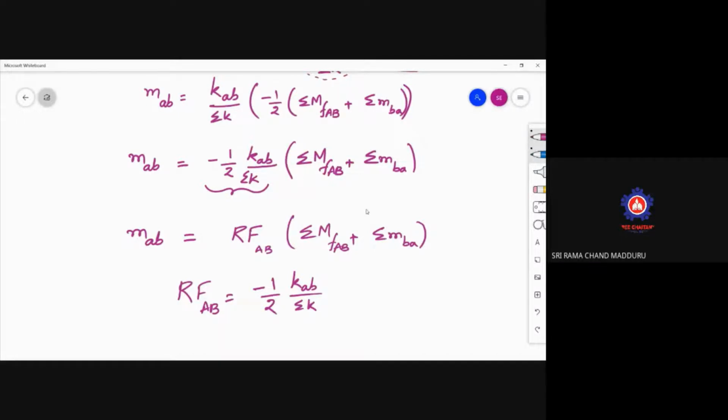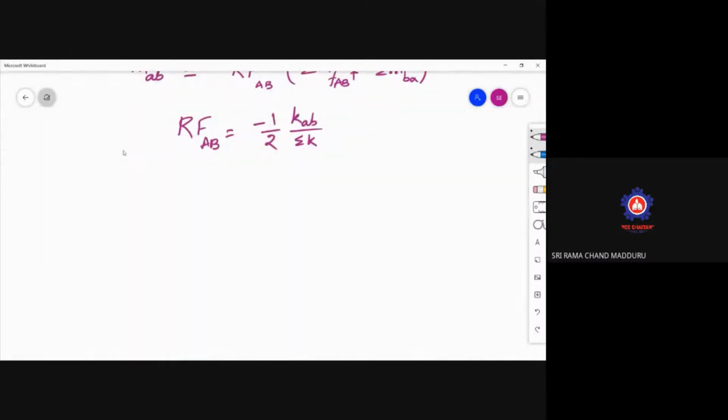What is the maximum value of the rotation factor at a joint? It is minus half, whereas the distribution factor at a joint is equal to 1.